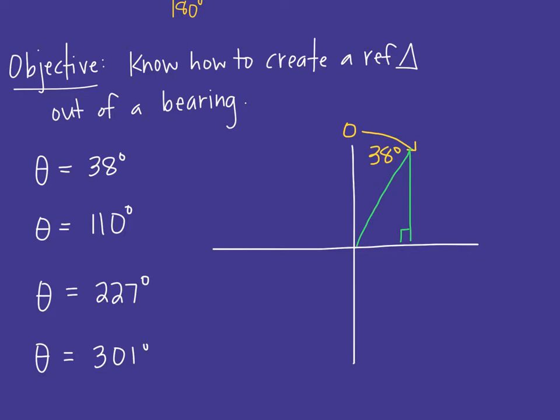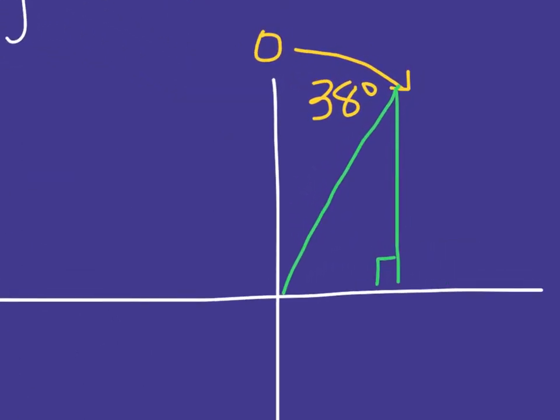The 38 degrees is outside of the reference triangle. That yellow arch is not inside any part of the reference triangle. And so I need to figure out what is actually inside the reference triangle, because it's not 38 degrees. What would be inside is the rest of the 90 degrees beyond 38, and so that would be 52.